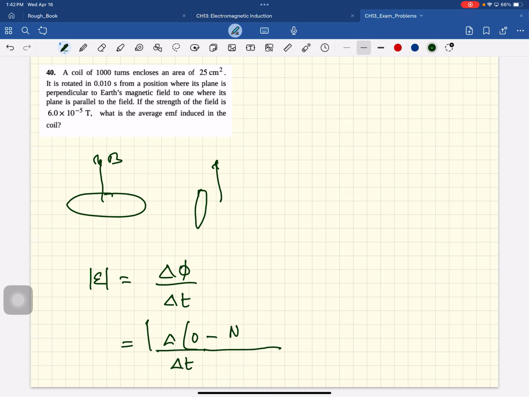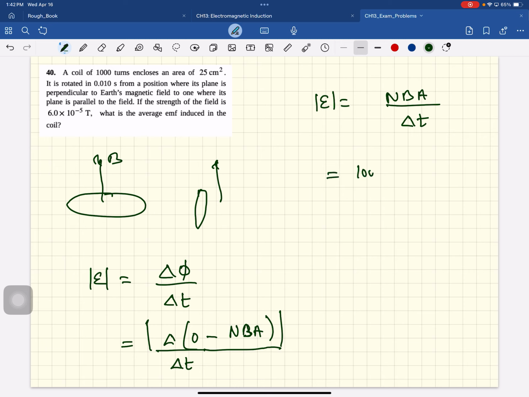Initial flux is NBA. N is the number of coil turns, B is the magnetic field, and A is the area of the coil. So the average induced EMF is NBA divided by the time over which that change happened.